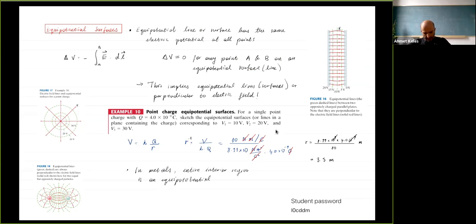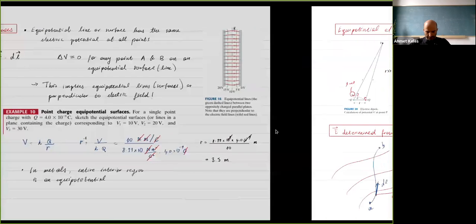Let me clean this up from last week. Okay. For example, equipotential lines of a parallel plate were like this, these green lines. Equipotential lines of a point charge were like concentric shells. Equipotential lines of a dipole were like this, and so on.